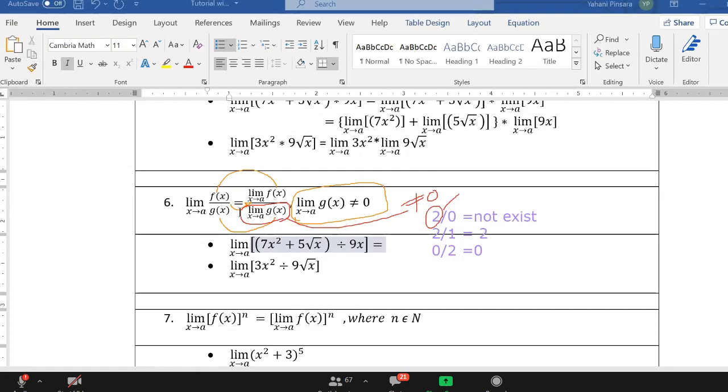So if we divide some function by 0, the function doesn't exist.